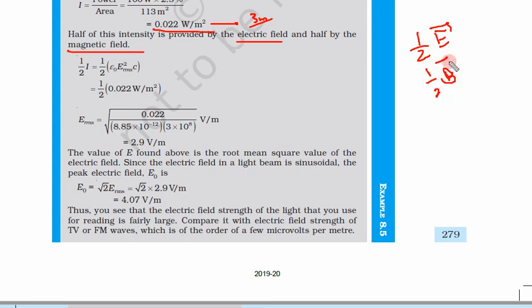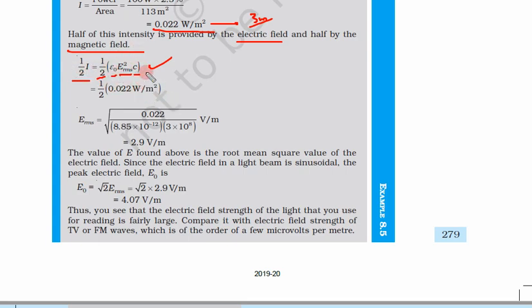Now let us put our values. So half of this intensity is equal to half epsilon 0 E RMS square times c. This is the formula when we convert this intensity into electrical energy or electric field.